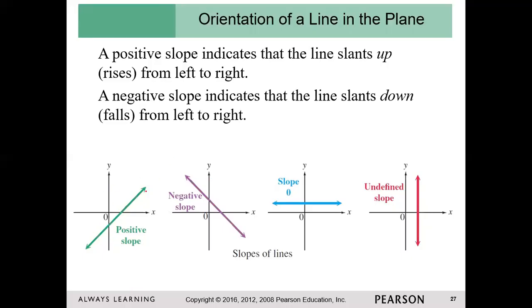If you have a positive slope, but your line looks like this, that's a big problem. The negative slopes look like this. Positive slopes look like that. They go up from left to right, where negative slopes go down from left to right. So you really want to be on the lookout for these things. So that way you are ensuring yourself that you're going to get the right answer, more often than not.